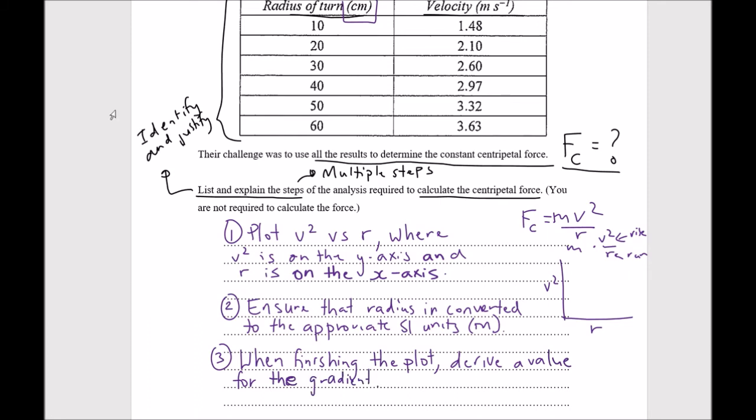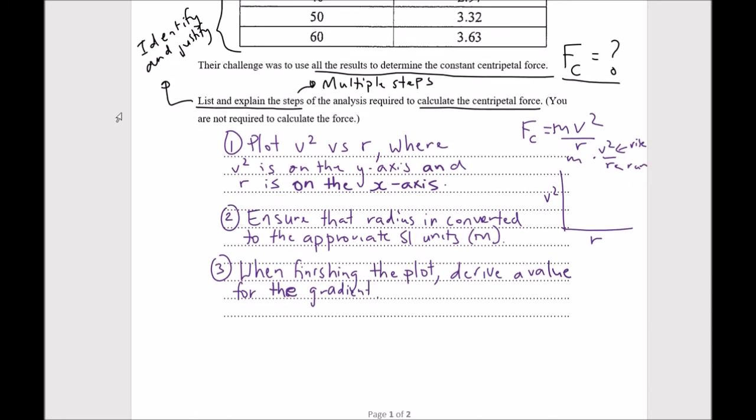This gradient value will be equal to v squared over r, which is also equal to the centripetal acceleration. Okay.